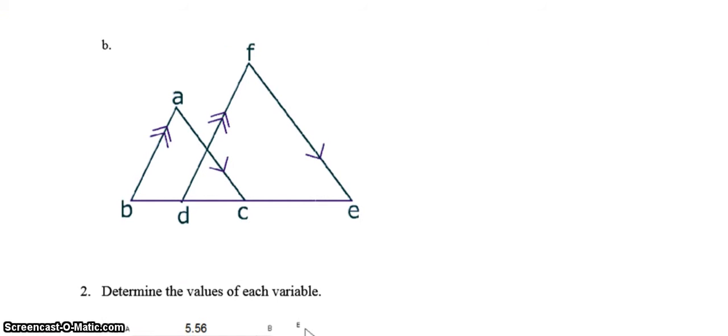Question B. We don't have any side lengths, so it's pretty obvious that we have to use the AA sufficiency condition. So we've got some parallel lines, so it looks like we can do some F patterns here. So we can say here angle B is equal to this angle because of the F pattern, but because angle D could be here or here, you have to use the three-letter angle method.